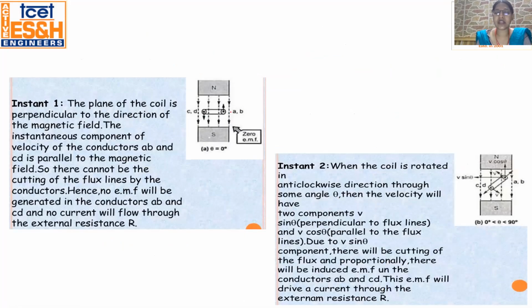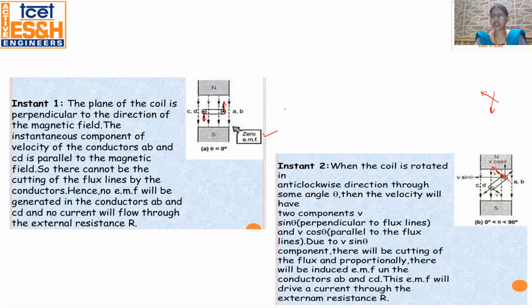Now see, this is the diagrammatic representation. When your coil is in such a position, both the lines are parallel, so 0 EMF. When your coil moves a little bit, suppose at 45 degrees, in between 0 to 90, there is flux cutting. The magnetic line direction is always stationary, and the velocity component cuts the magnetic field.